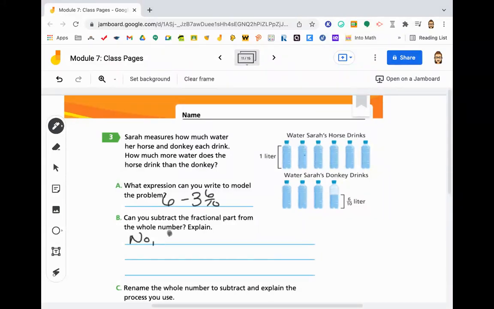There is no fractional part for the whole number.